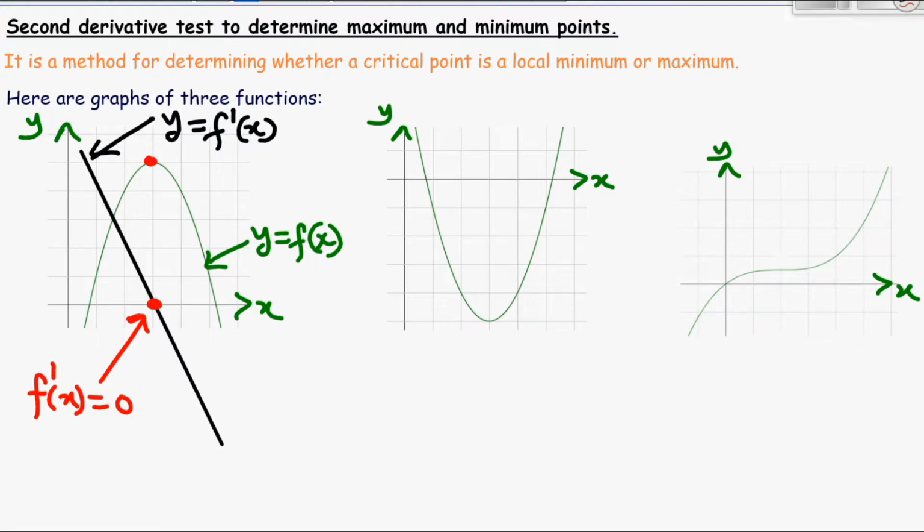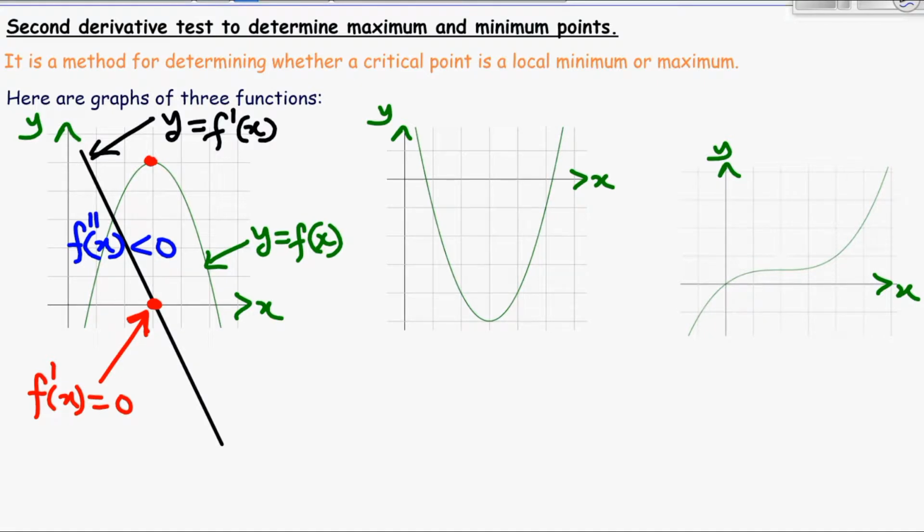Okay, this point here. And we can also notice that if this is the first derivative, then it means that all along this curve, the second derivative is negative, because the gradient of this line will be negative, which means that the second derivative is less than 0 all through.